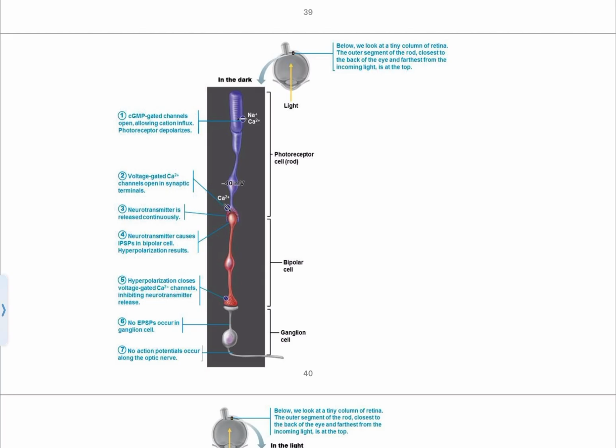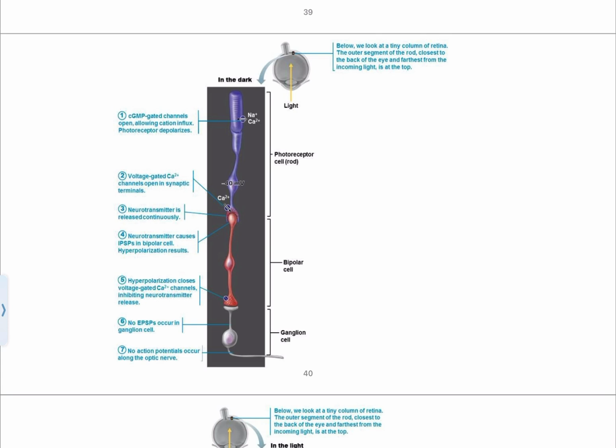The neurotransmitter is released continuously, and it's going to cause inhibitory postsynaptic potentials in the bipolar cell, or IPSPs. This is going to result in hyperpolarization because we are talking about an inhibitory signal.